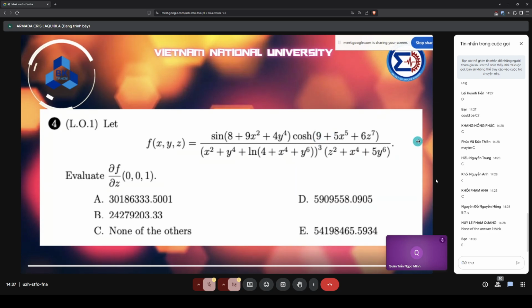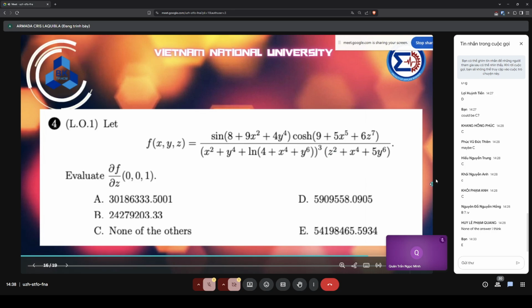You copy the cosh, the whole thing here, then multiply the derivative inside. The derivative here with respect to z is only 2z. So 2z over this one squared: z squared plus 4 plus 5y to the 6, all squared. And that's it, class. That's now the derivative.